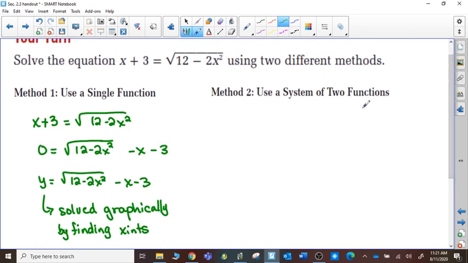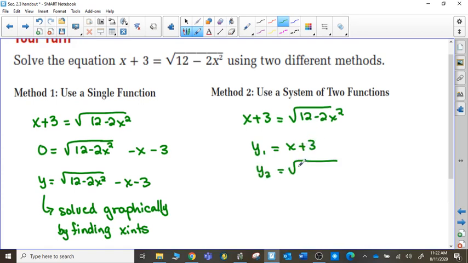It says using a system of 2 functions. So what that would mean is that we would leave the 2 sides of the equation. We would create one equation from one side and a second equation from the other side of the original equation.